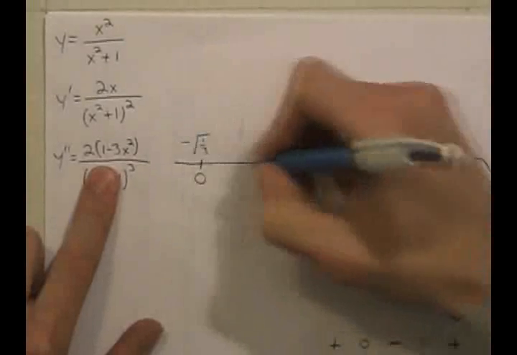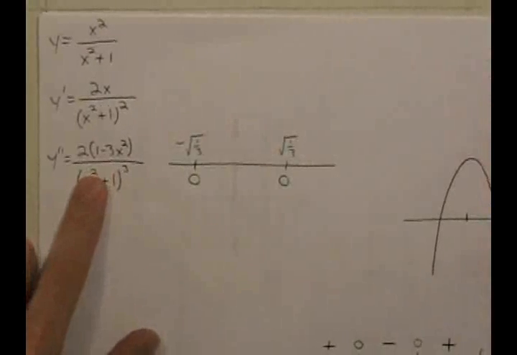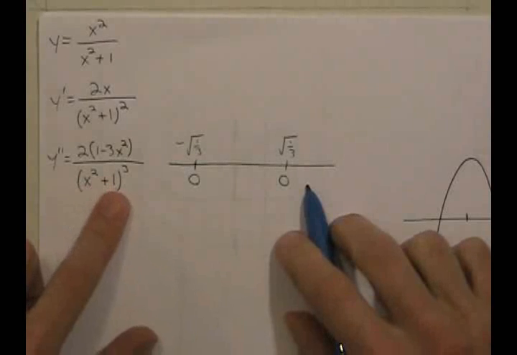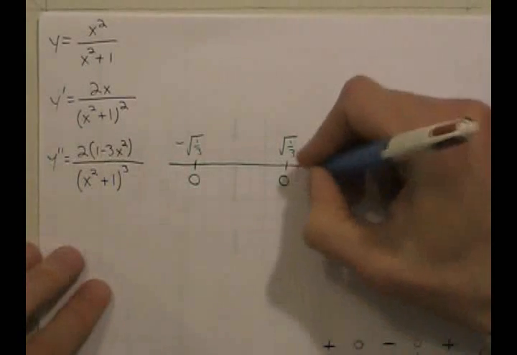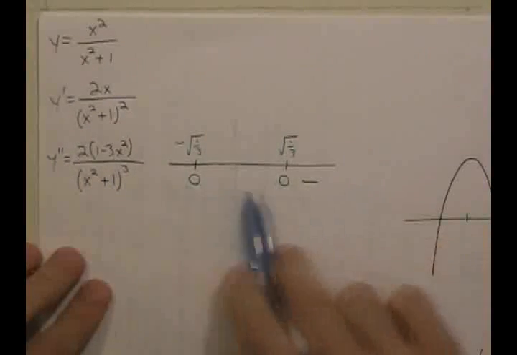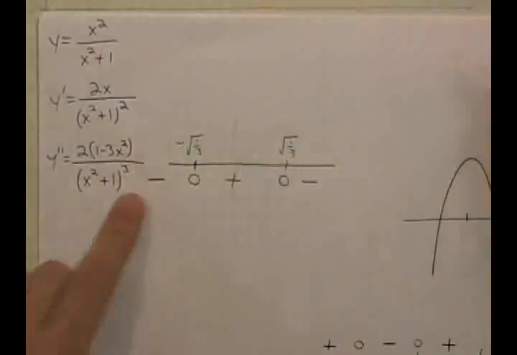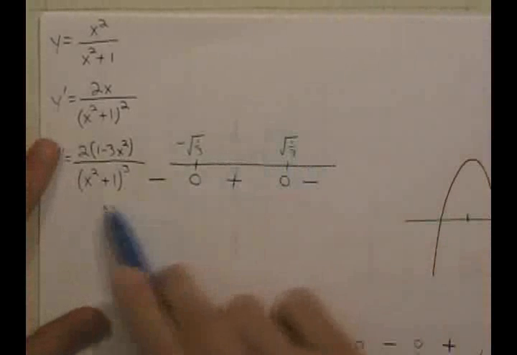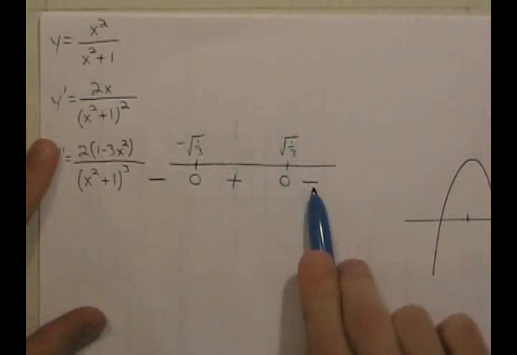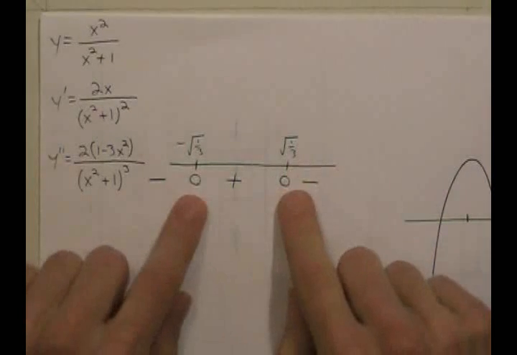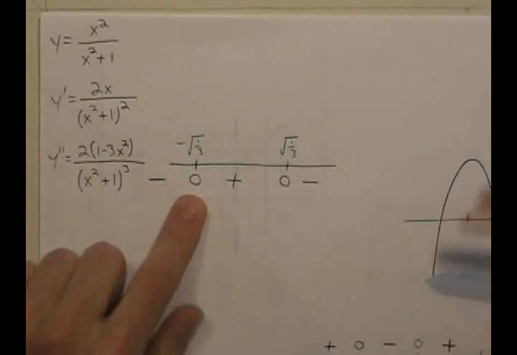And it's 0 there, and it's 0 there. If I plug in a number greater than radical 1/3, the whole expression will be negative. If I plug in a number between, I'll get positive. If I plug in a number here, I'll get negative again. And that tells us that the function must be concave down, then concave up, then concave down again. So it's got 2 inflection points at plus and minus 1 over radical 3.